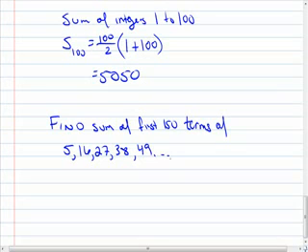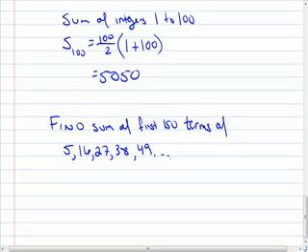So you think of that little sum formula, and you think, okay, it's 150 divided by 2. The first term is 5, and the last term is, we don't know the last term. So you can't use the summation formula right away.